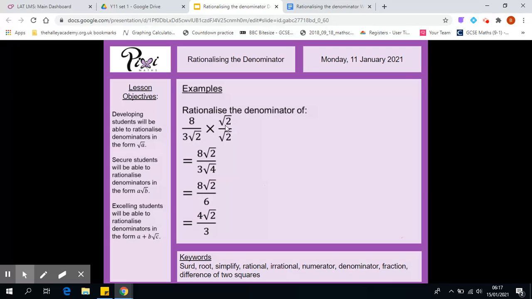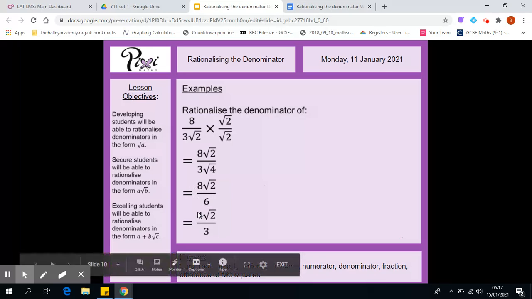I'm trying to only rationalize the irrational part, which gives us 8 square root 2 over 3 square root 4. We know square root 4 is 2. 3 multiplied by 2 gives you 6. This can be further simplified by dividing by 2, which gives us 4 square root 2 over 3.